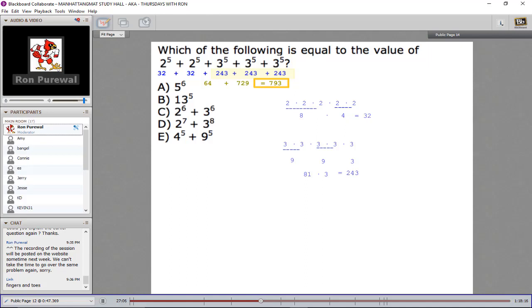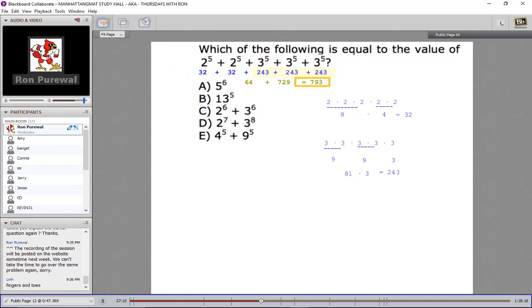Then you have these answer choices. The other mistake that people make when they do these kinds of approaches is they calculate everything. You don't need to calculate everything. What's the only purpose of doing these pieces of arithmetic? Do you care what 4 to the 5th plus 9 to the 5th is?